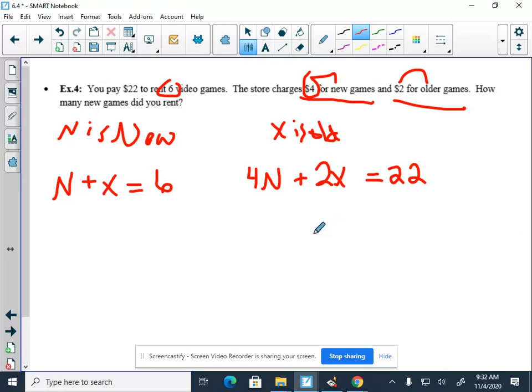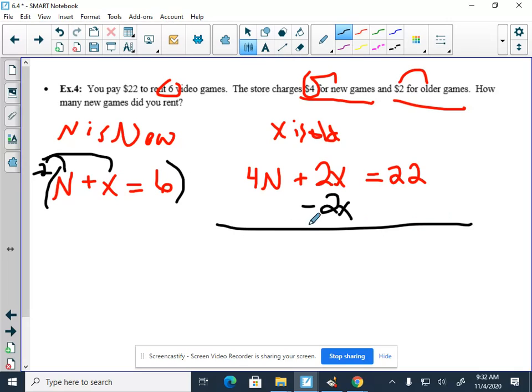Now we have to do the elimination method. Again, I'm going to switch colors because it kind of makes more sense as we look at it. I'm going to multiply by 2 this time to get rid of the x, but I'm going to make it -2. So when we multiply here, we get -2x. That's the reason I'm doing it. We have to multiply all of them, but I'm trying to get rid of x. For the n, it'll be -2n.